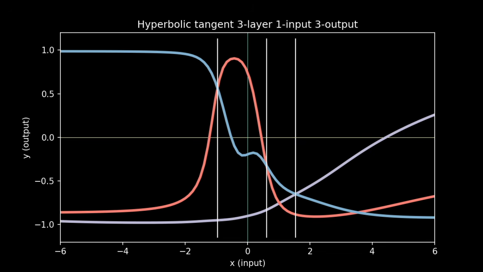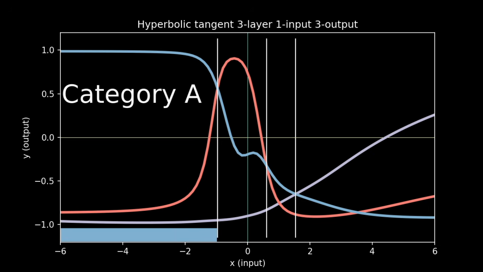We start by chopping up the input space according to which function has the highest value. Each function represents one of our categories. We're going to assign our first function to be category A and label every region where it's on top as category A. Then we can do the same with our second function and our third.